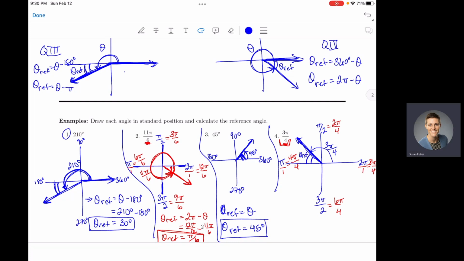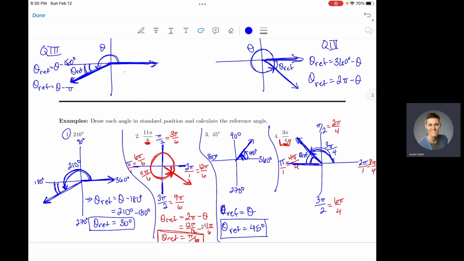So how do I find it? How do I calculate that? Okay, so 3 pi over 4 goes all the way through here. And I know that if I rotated all the way over to here, to my back, all the way back to the x-axis, I would be at pi radians. But I don't get all the way there.